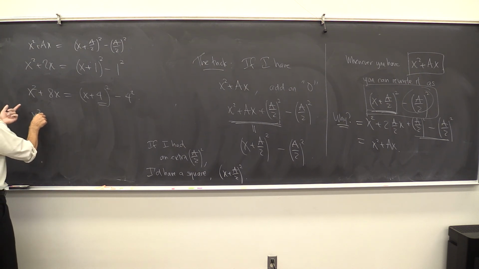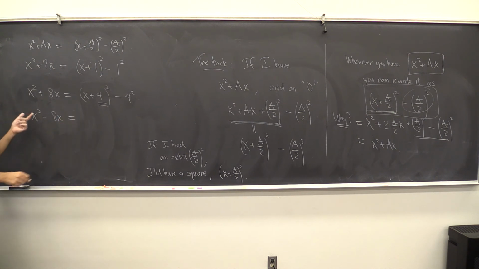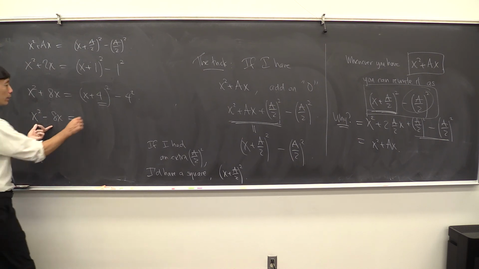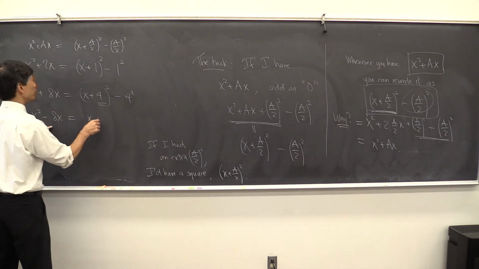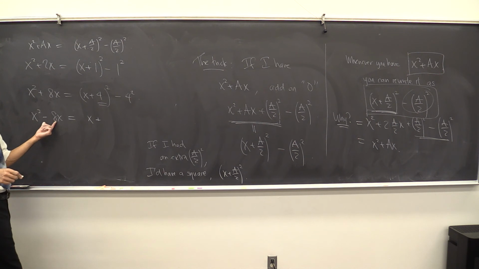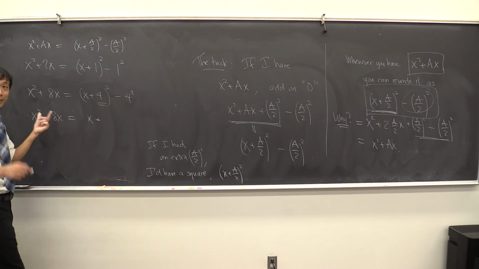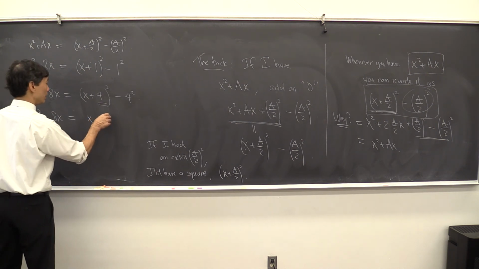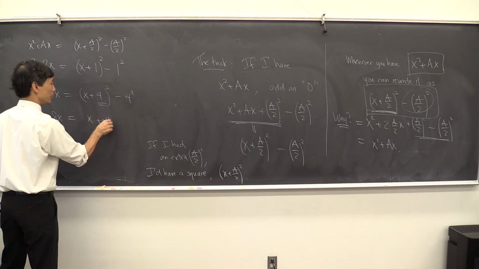X squared minus 8x. Well, you're going to have x plus your a over 2. Now your a is -8, so we need a -4 here.